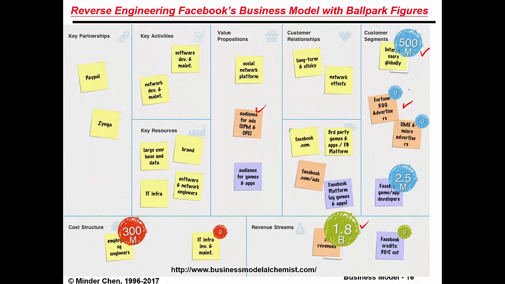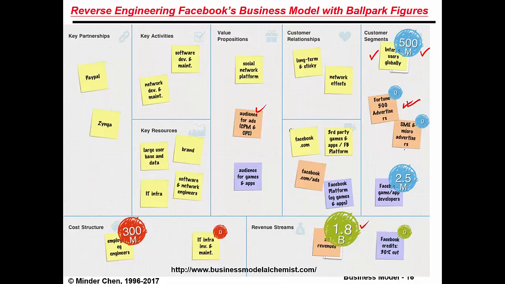If you focus on the customer segment side, the yellow part is really referring to the actual users of Facebook. And this orange portion is showing the advertisers who may be interested in placing ads on Facebook pages.